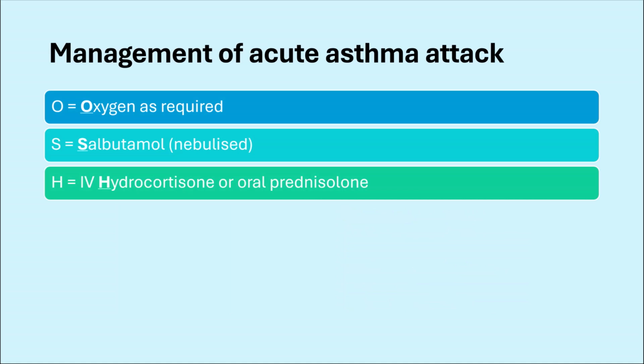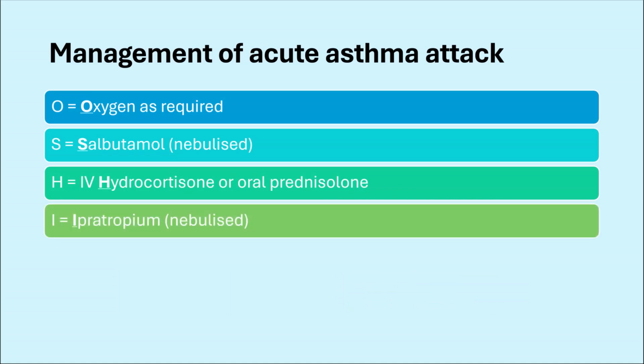Equally, if IV hydrocortisone is not available, you can give a strong dose of oral prednisolone, about 40 milligrams. You also start the patient on ipratropium nebulizers, around 0.5 milligrams. So you give salbutamol and ipratropium until the patient is recovering from the asthma attack.